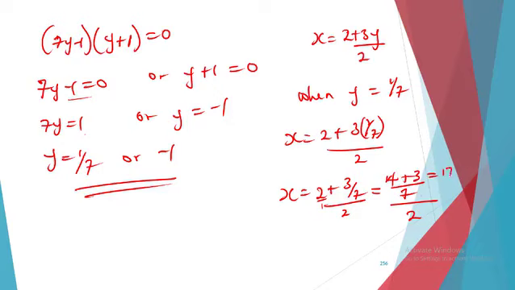We have 17 over 7 all over 2. And this will give us 17 over 7 times 1 over 2, which will give us 17 over 14. And that's one of the values of x.